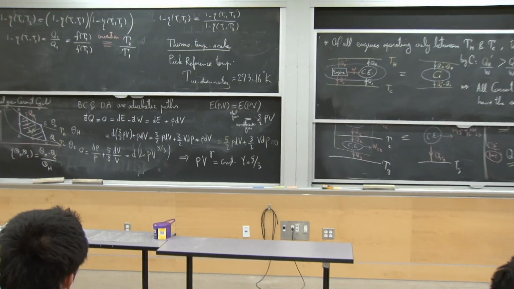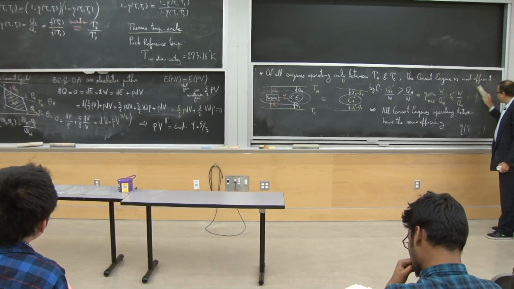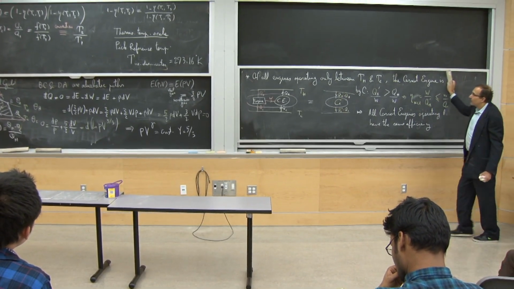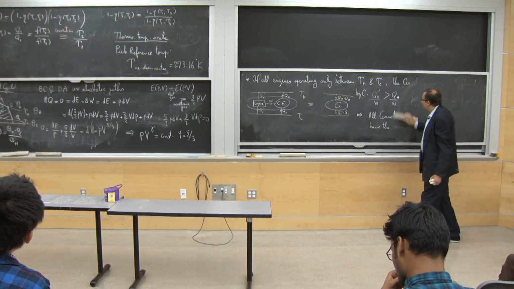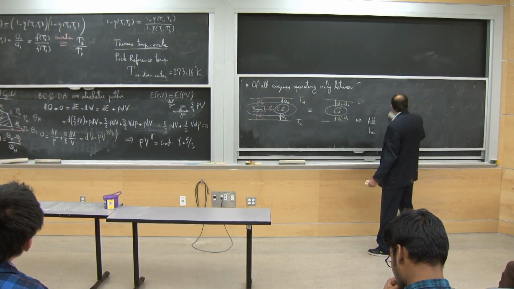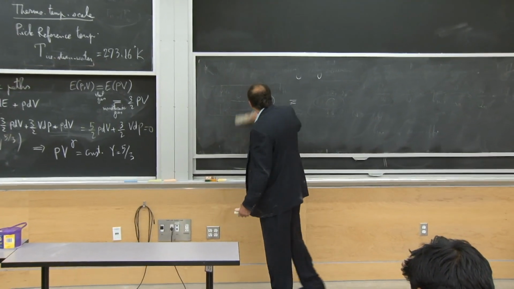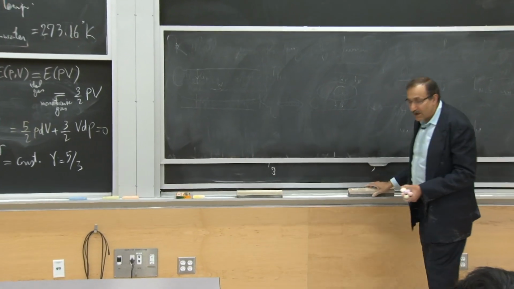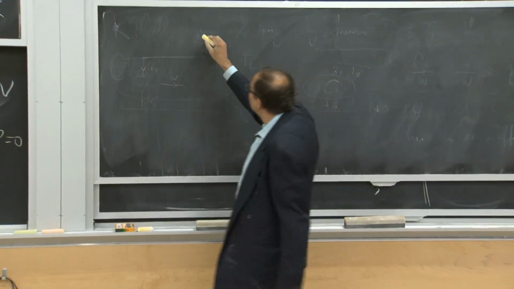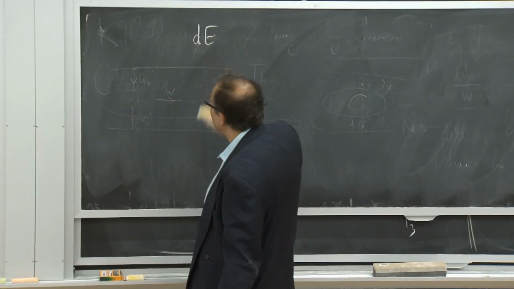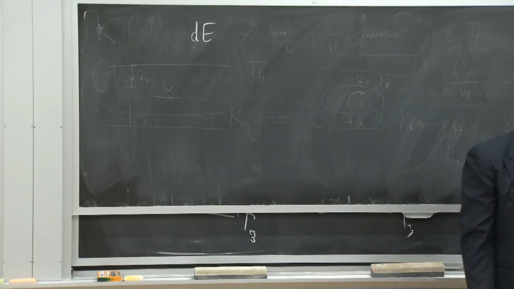So we went through all of this in order to ultimately get back to the story that I was constructing at the beginning of the lecture, which was that I'd like to have a form ultimately for my energy. I want to construct the energy.